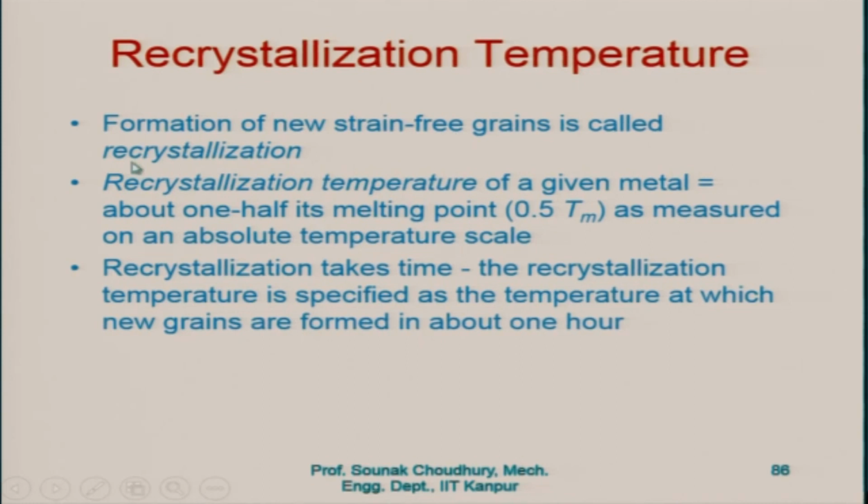It is defined by the formation of new strain free grains, this is the recrystallization process, and the recrystallization temperature of a given metal is about 1/2 its melting point, 0.5 Tm, where Tm is the melting point as measured on an absolute temperature scale.